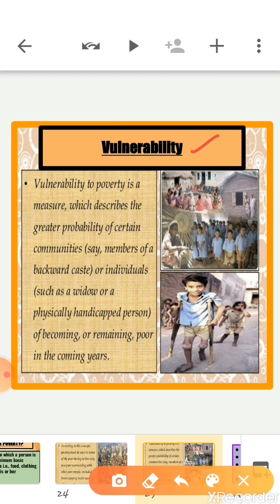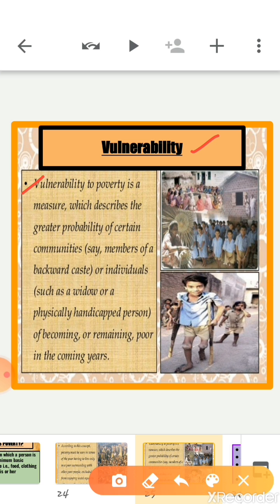The second term we discussed is vulnerability, right? This term describes the greater probability of certain individuals and communities, like widows, the physically handicapped, and backward castes, of becoming poor or remaining poor in the coming years.